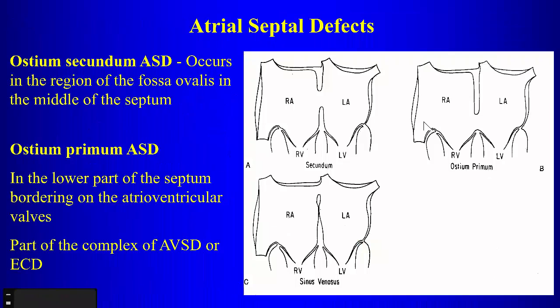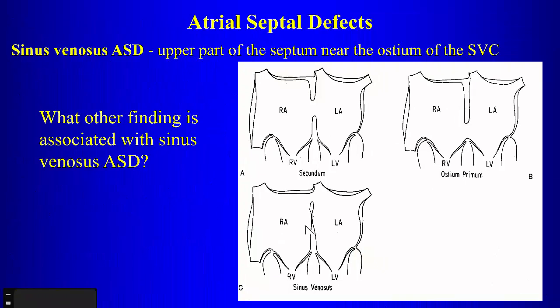Your ostium primum ASDs occur down here along the inferior part of the septum. They can be associated with endocardial cushion defects, okay? And then the sinus venosus ASDs occur near the top of the atrial septum. Now, if we find a sinus venosus atrial septal defect, there's something you need to remember.